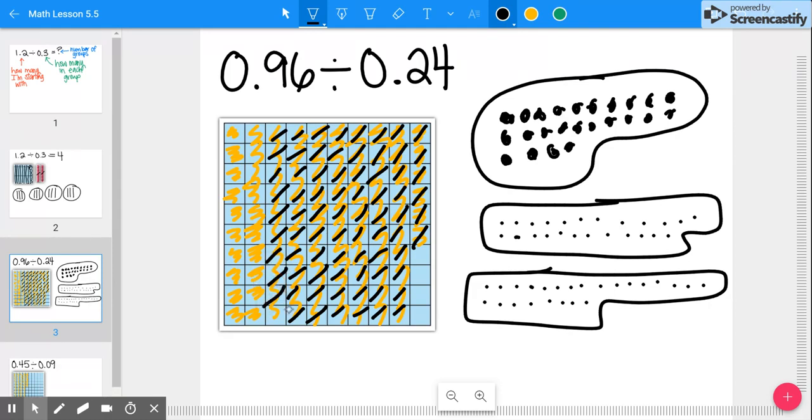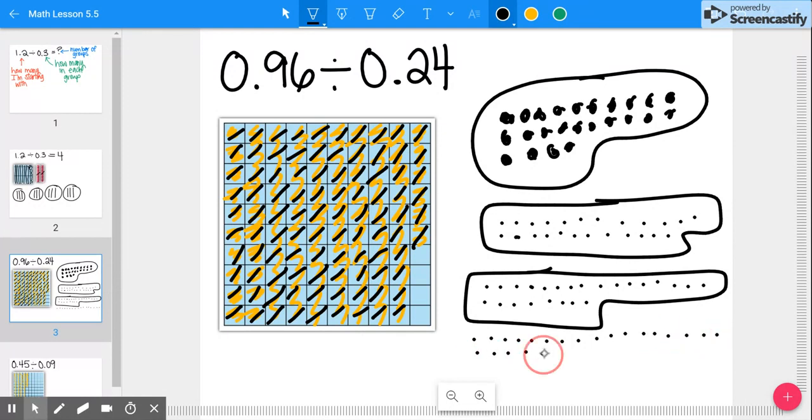I count up to 24 hundredths. So I'm going to draw my picture over here, 1 through 24, and put a circle around that to represent another group.